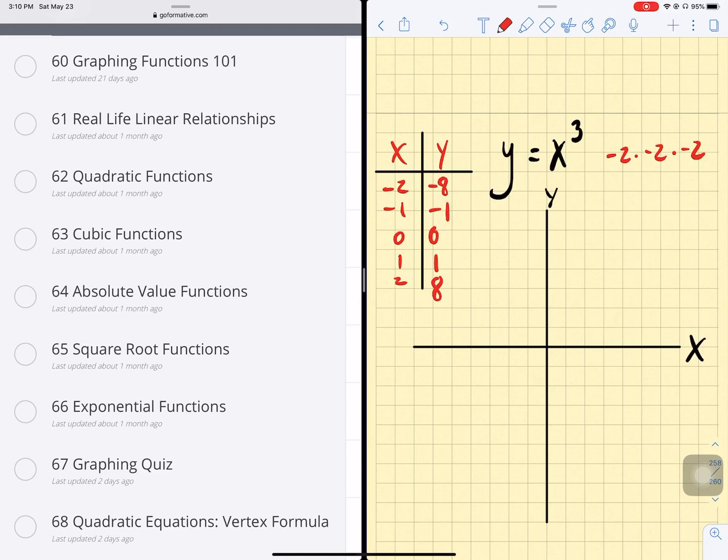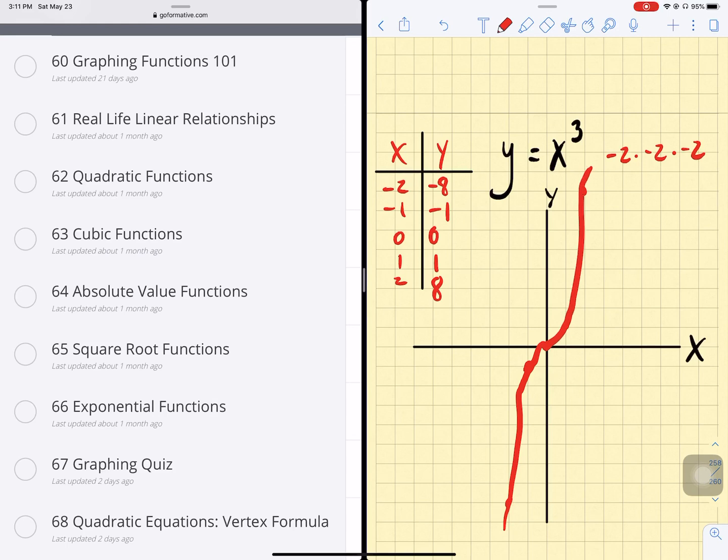So -2, -8. -2, and then down 1, 2, 3, 4, 5, 6, 7, 8. -1, -1, 0, 0, 1, 1, and 2, 8. So if you look carefully, this coming in here, and then doing this deal.